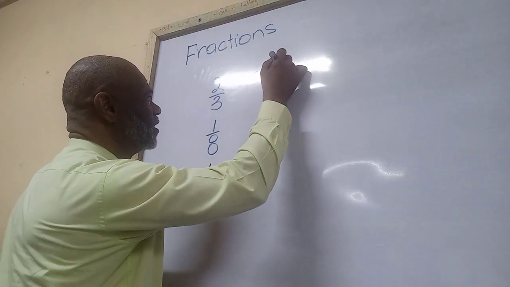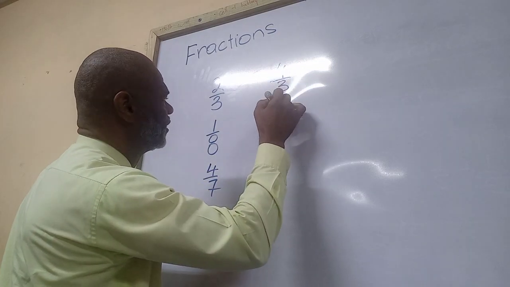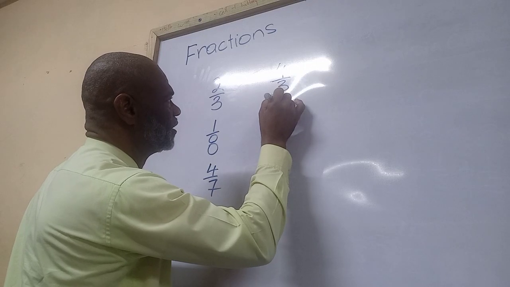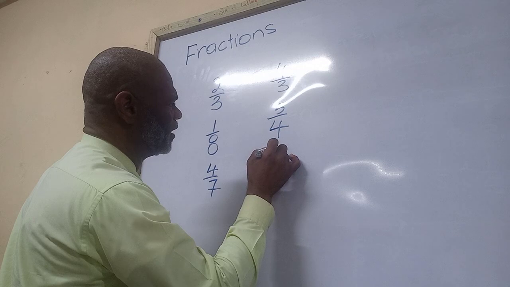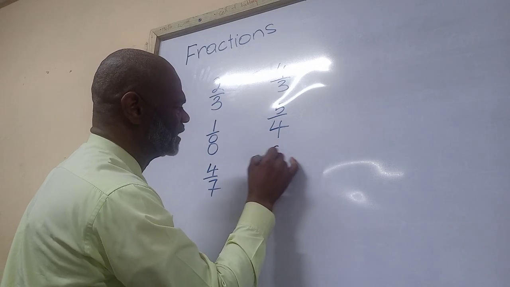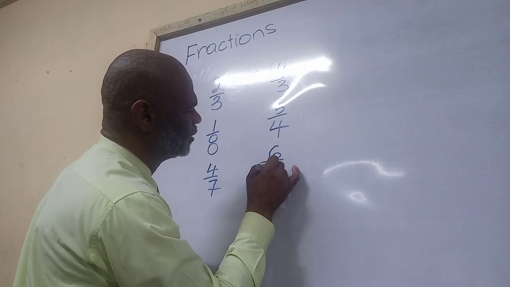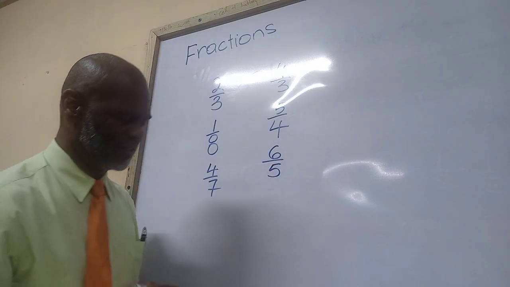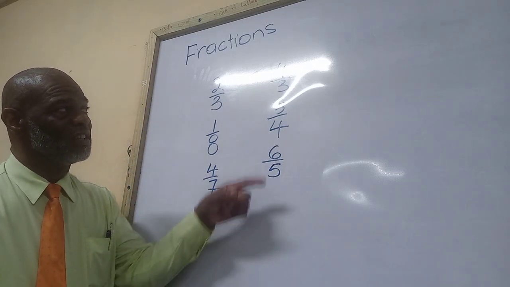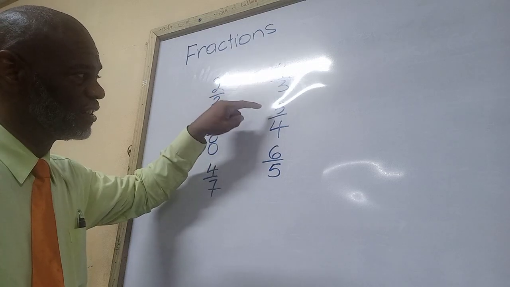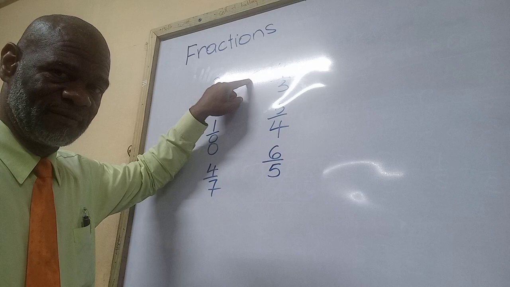So we have 4/3. We have 5/4. And we have 6/5. Right? Now notice in this case that the numerator is larger than the denominator.